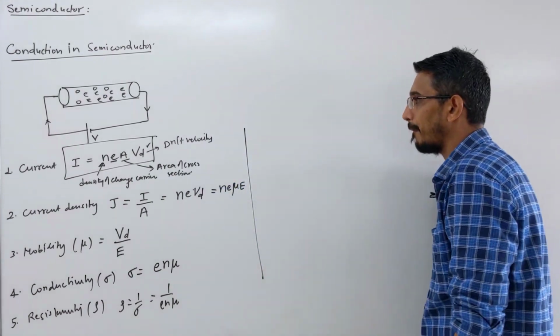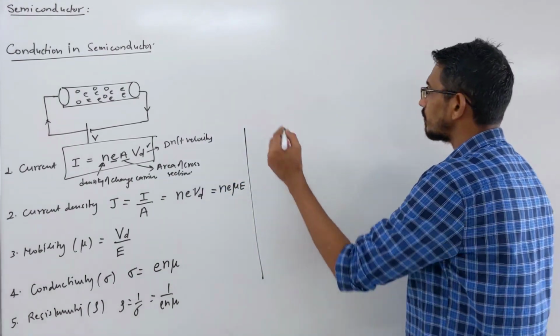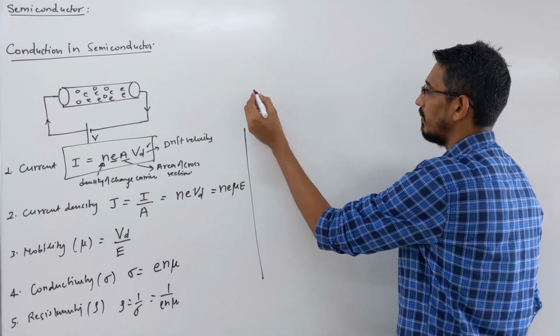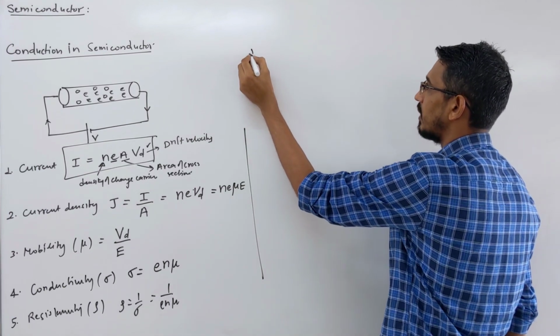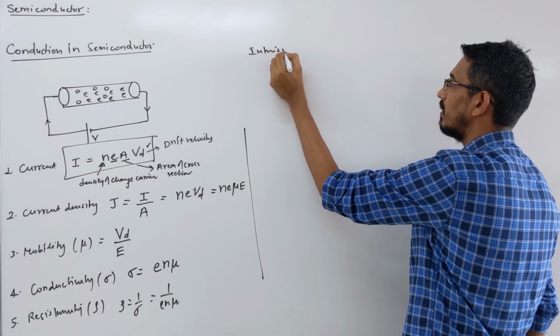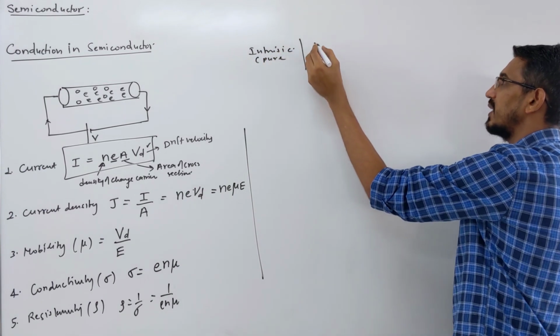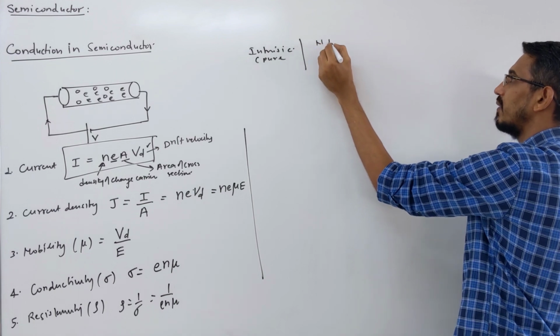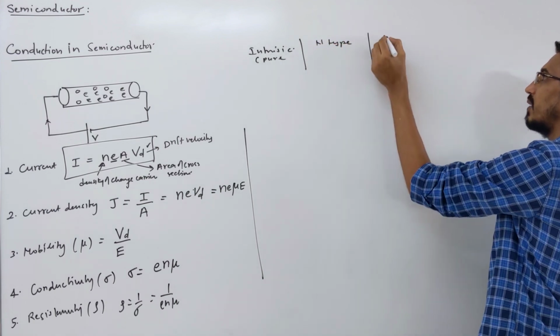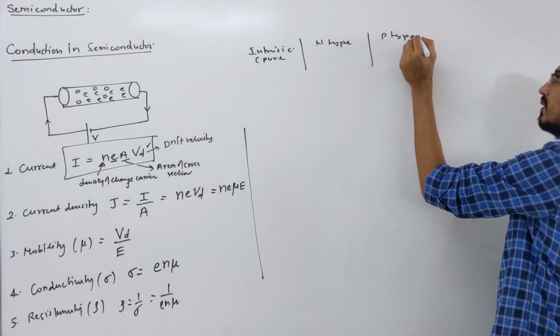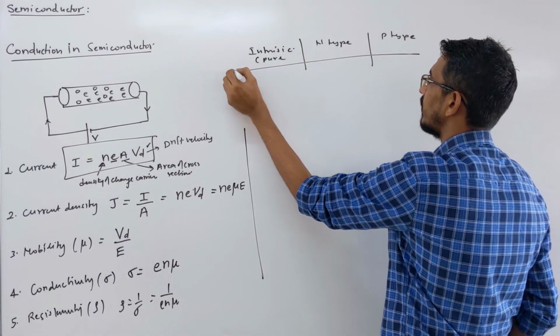Okay, let's see. So three things we can say, like we have learned three types of semiconductor. One is called intrinsic, right? Means your pure. Then other is called extrinsic. We have N type. Then other is called P type. So how we differentiated them? Hope you remember.